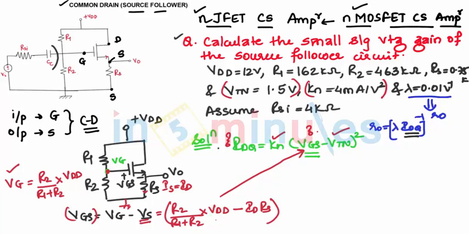In the question, the values of R1, R2, VDD and RS are given. So you will have one equation in terms of IDQ.